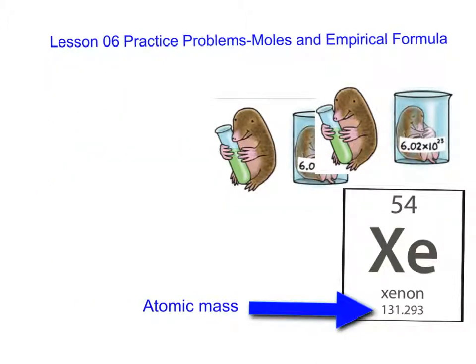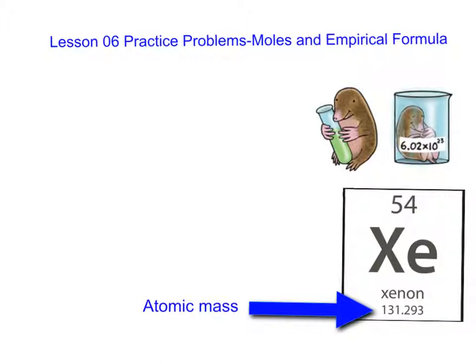directly. So there's a really important connection between the atomic mass on your periodic table and the mole. Remember, we said that the mole is a convenient way for us to be able to measure out a certain number of molecules if we're doing a reaction. So it's really important to note that the atomic mass, which is always listed on your periodic table, I'm going to write this out, atomic mass, is simply the weight of 1 atom in atomic mass units.